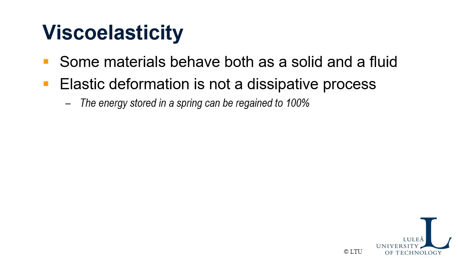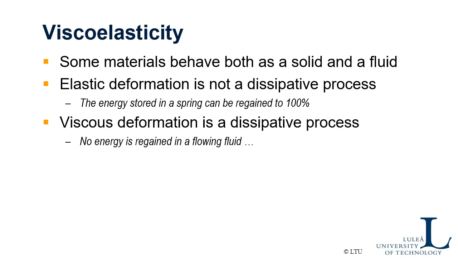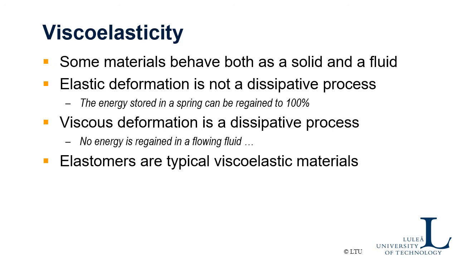Elastic deformation is not a dissipative process, so you regenerate the energy stored in the spring to 100%, but viscous deformation is a dissipative process. You don't get any energy back when you deform a fluid. So typical materials where this is playing an important role are elastomers and also rubbers.